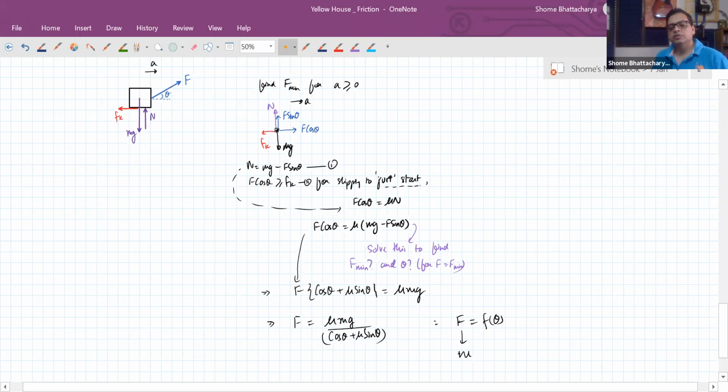So we want to find this one's minima. So this function's minima has to be calculated. You can see this is a function of theta because mu mg is constant. It's only theta which is the variable here. Okay. So this F is a function of theta for the condition of no slipping. So now all you have to do is calculate the minimum of this function. What is the minimum value of this function? We have to calculate this. So try this out now.